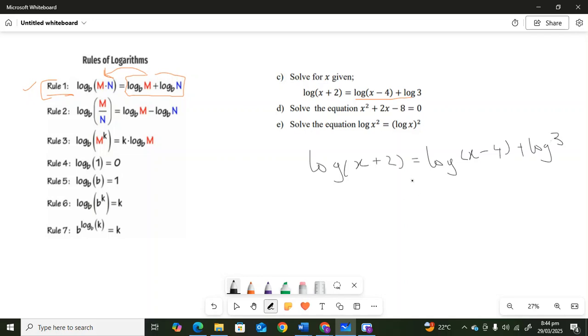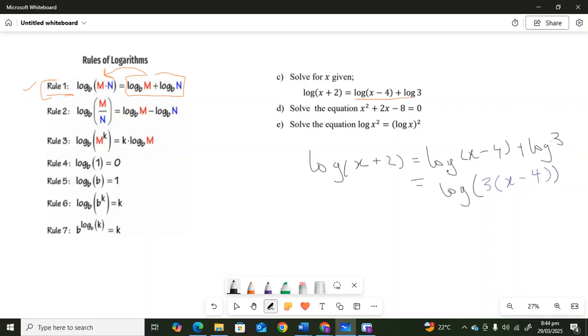So if we apply the product rule, this expression log (x minus 4) plus log 3 becomes log 3 multiplied by (x minus 4). If you want, you can write (x minus 4) multiplied by 3.